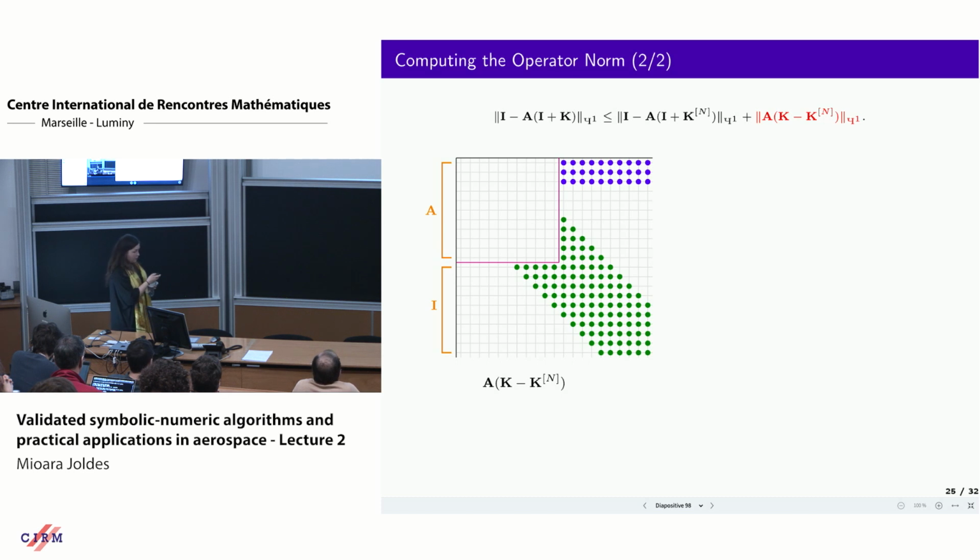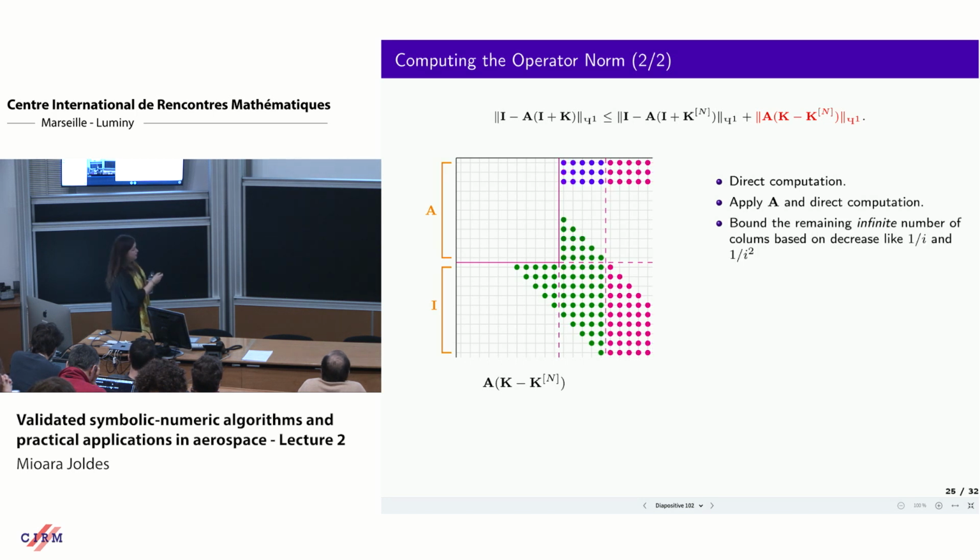So now I have to bound all these parts. By multiplying, I will have several regions. So for instance, here I will have just a few coefficients that I can compute and bound directly. Then I will have this part that is still finite dimensional, and I still can bound easily.